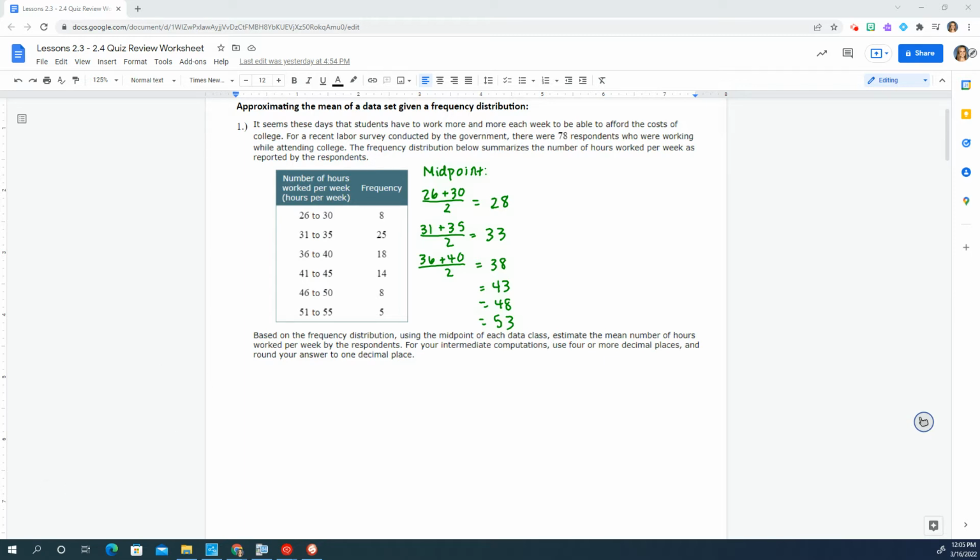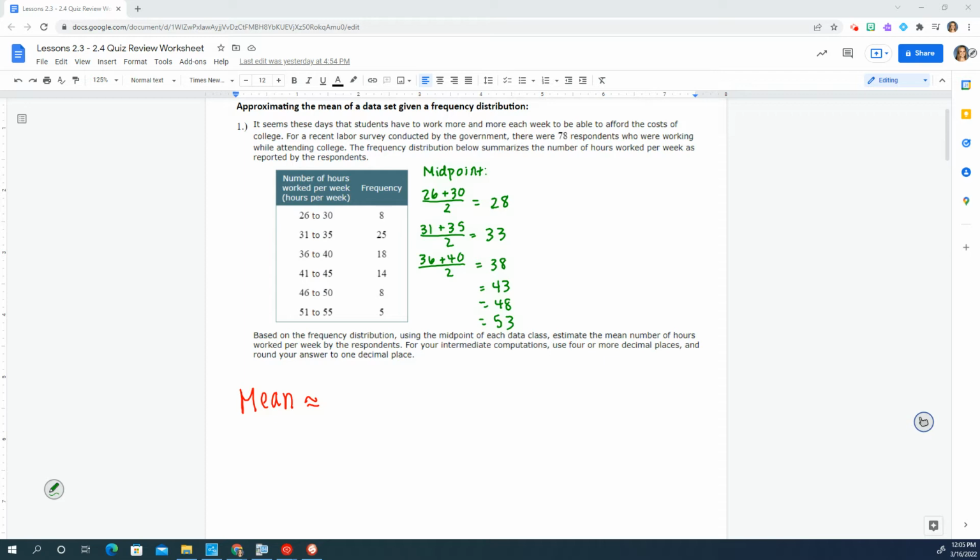All right, so then when I'm calculating the mean, I don't just add up these numbers. I have to factor in how many people responded in each of these intervals.